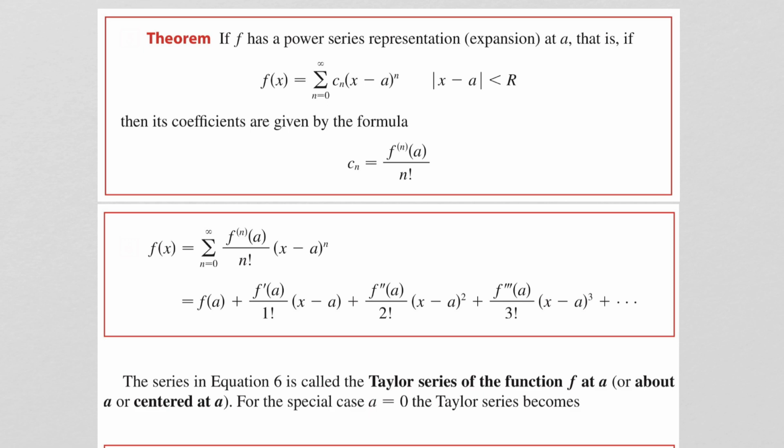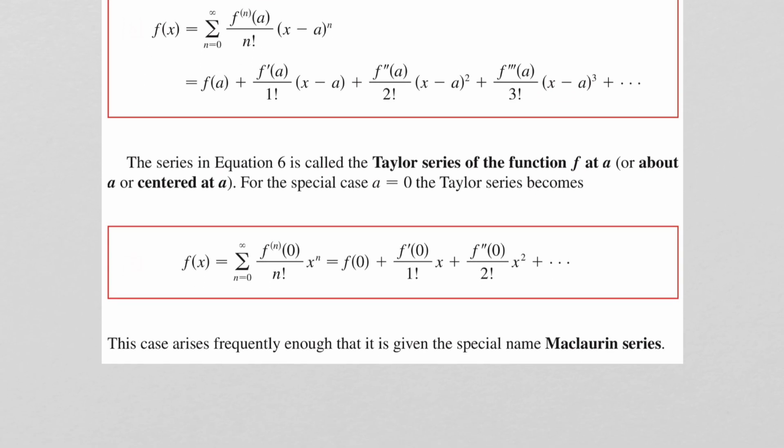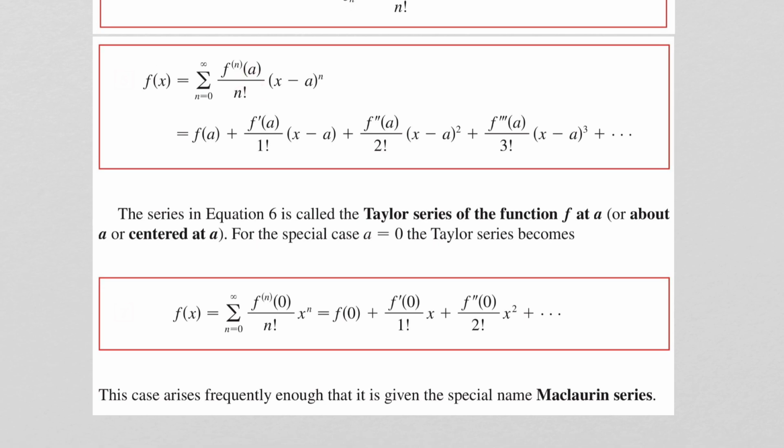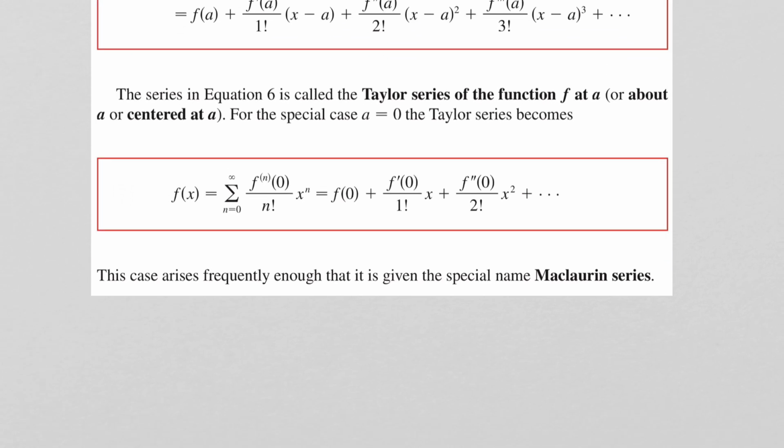All we have to do to be able to do this is find a pattern in the derivatives. And many functions have patterns in their derivatives. So the series here is called the Taylor series for a function. And if you let a equal 0, you get a special case of the Taylor series, and this is what we call the Maclaurin series.